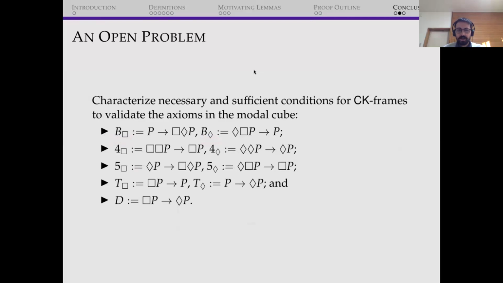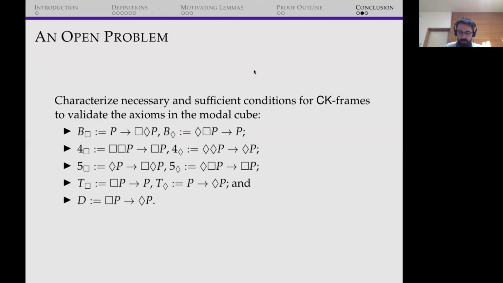So we have all of these axioms and duals from the modal cube, and what would be the necessary and sufficient conditions for the CQA frames to validate each of these things? There's a lot of work, but I would be very happy to see this, and if nobody does, eventually I'll tackle it.